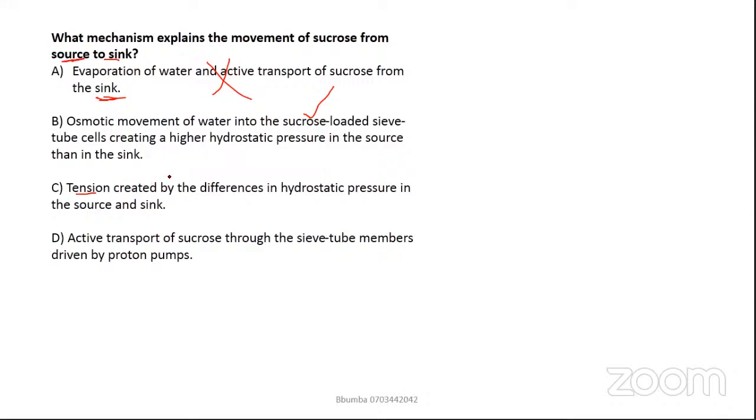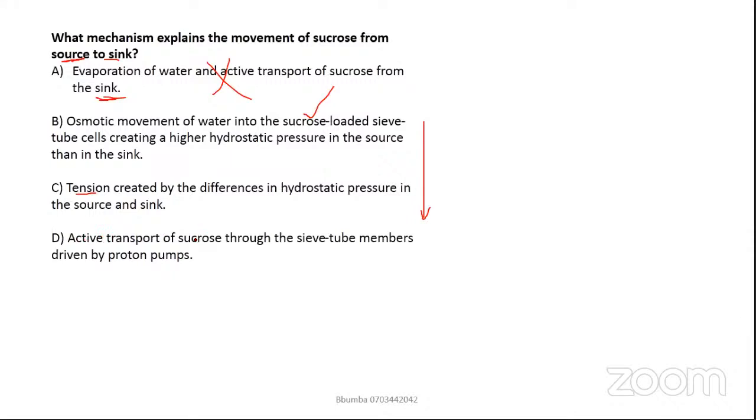It's actually a pushing force, because once you have a lot of sugars in the phloem at the source, water enters. So it's the hydrostatic pressure generated at the source that pushes water down to the sink. You get it? We are not looking at it the other way around.